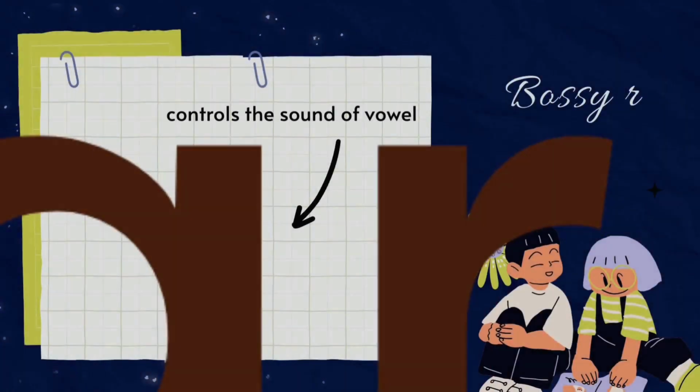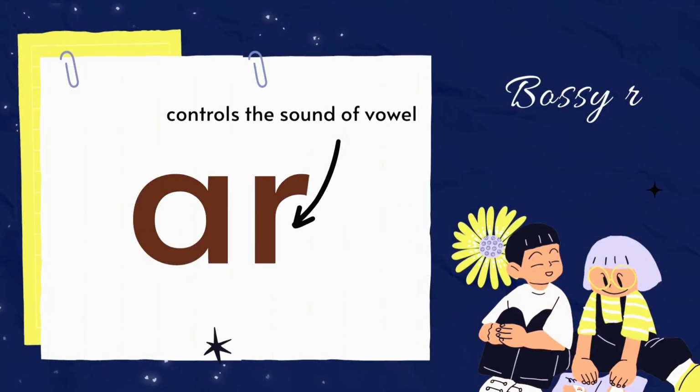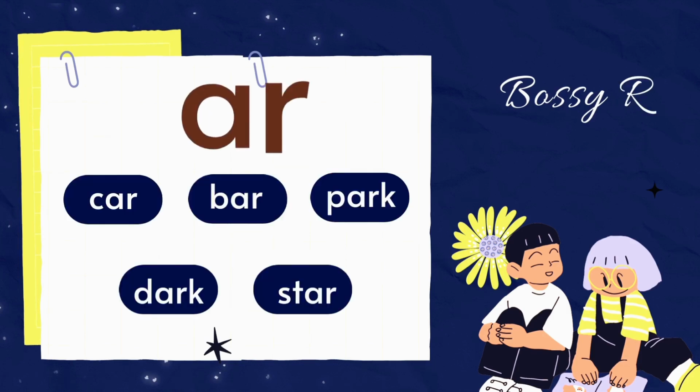Now we know till now that there are two sounds, short sound and long sound, of any vowel. The A says either its short sound or its long sound A. But here, since the letter R is controlling the sound of this vowel, A and R together make a sound ar, as in car, bar, park, dark, star.